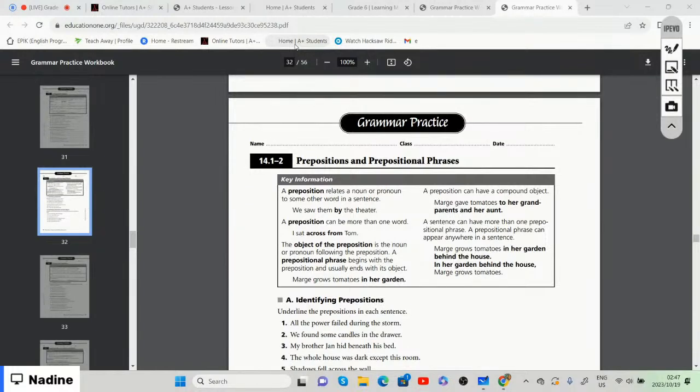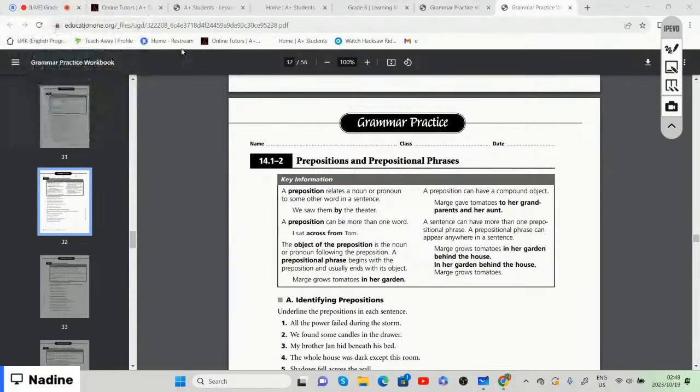And we say that the noun or the pronoun, we call that the object of the preposition. The preposition within the sentence is before the noun. And like we said, the noun that comes after the preposition, we call that the object of the preposition.